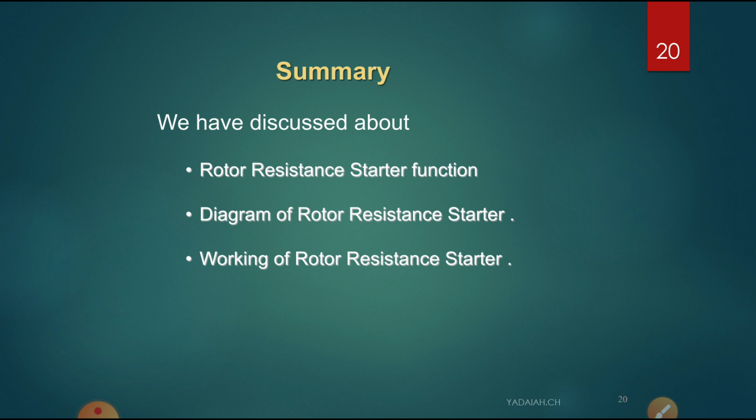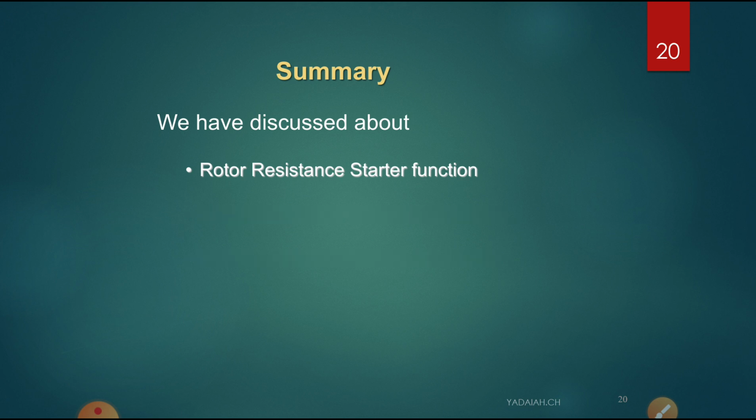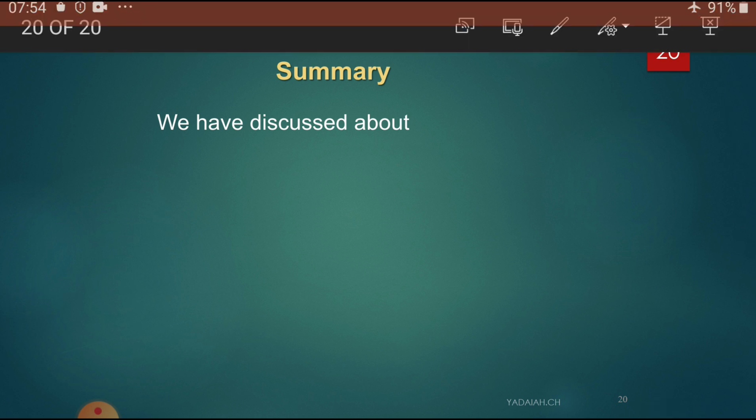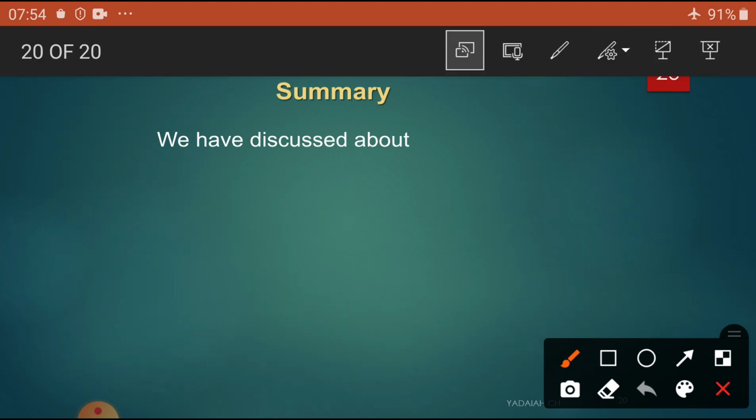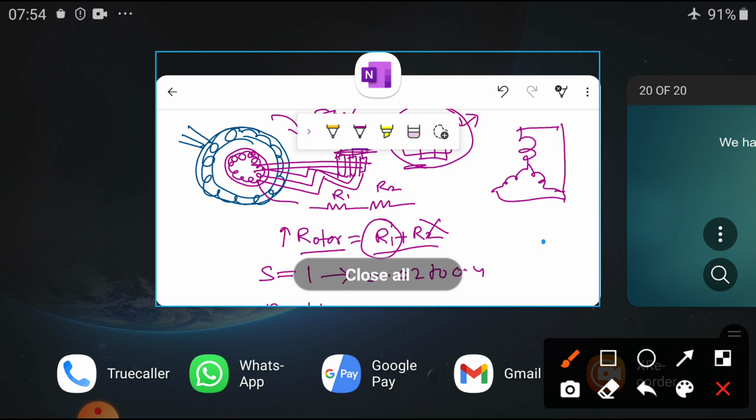Here we have discussed starters: direct online starters, auto transformers, and star delta starters. At a glance, you can see the comparison between these. What is the comparison here?